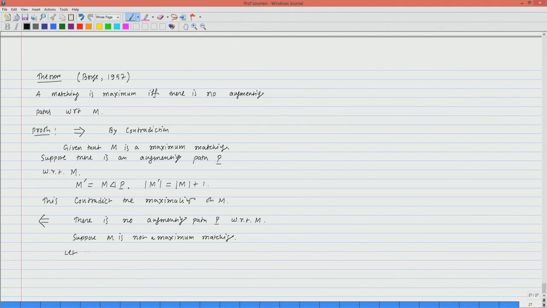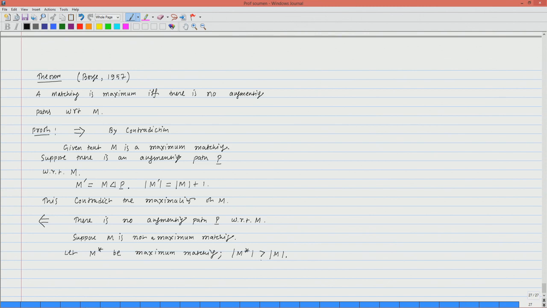Let there is a bigger matching, let M star be maximum matching, and of course, M star is maximum matching. So, the size of M star is greater than the size of M.